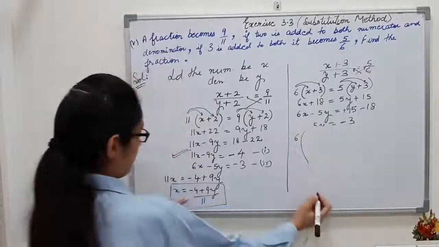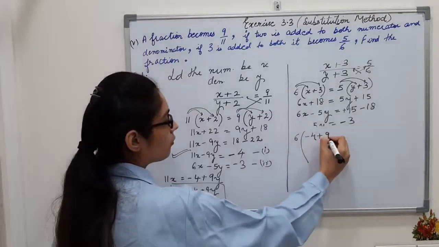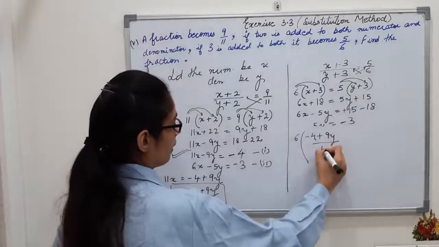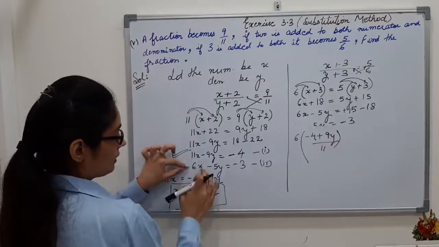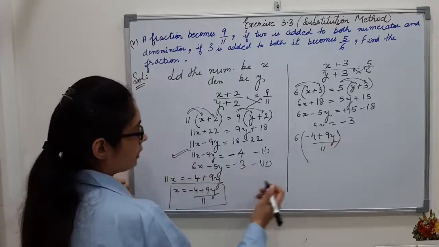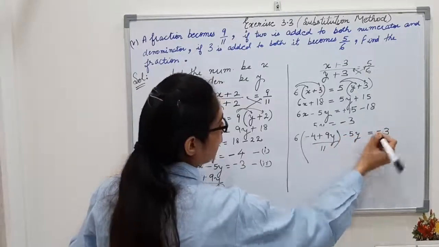6x, I will write the same thing: 6 into minus 4 plus 9y by 11. This is my value of x, so in place of x I have written this. Minus 5y equals minus 3.